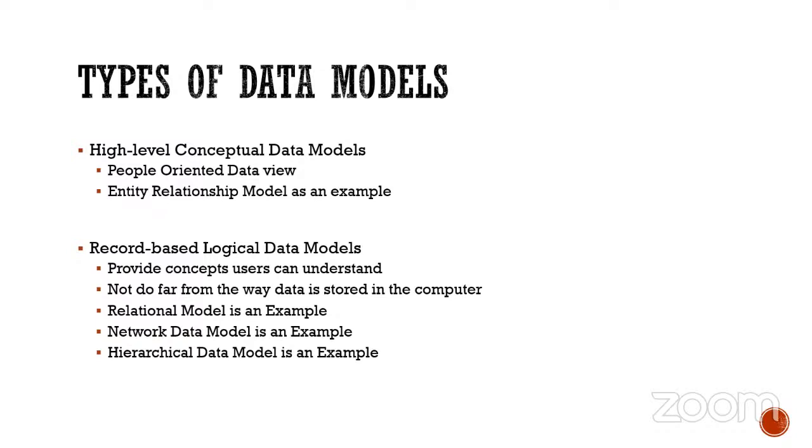Now, there are two major data models that we are looking at. One is the high-level conceptual data models. What do you mean by high-level conceptual data models? They are models that present data in a way that we human beings can understand. Like if I say you're a student, as a student, you're data to me.